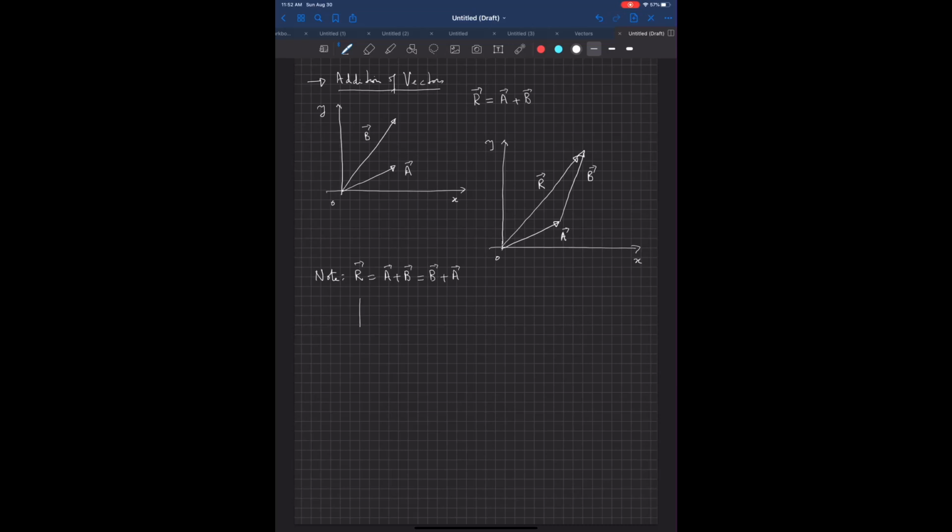Let's draw the figure. Here's x, here's y.